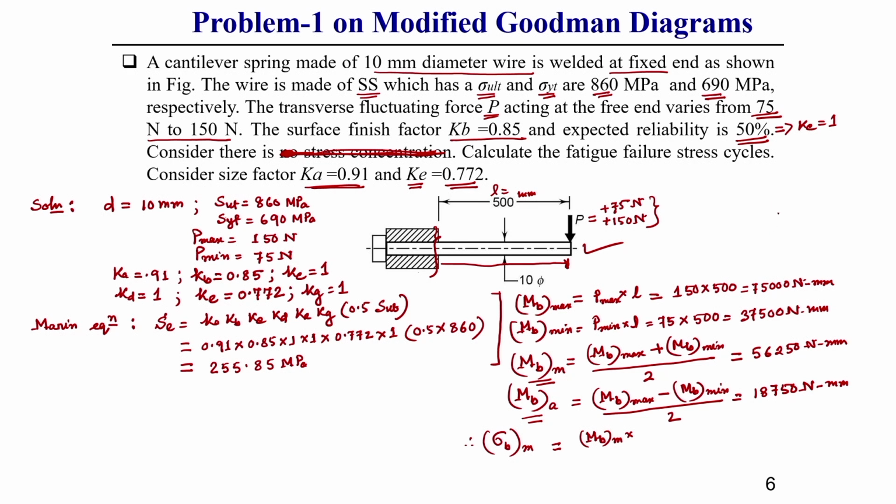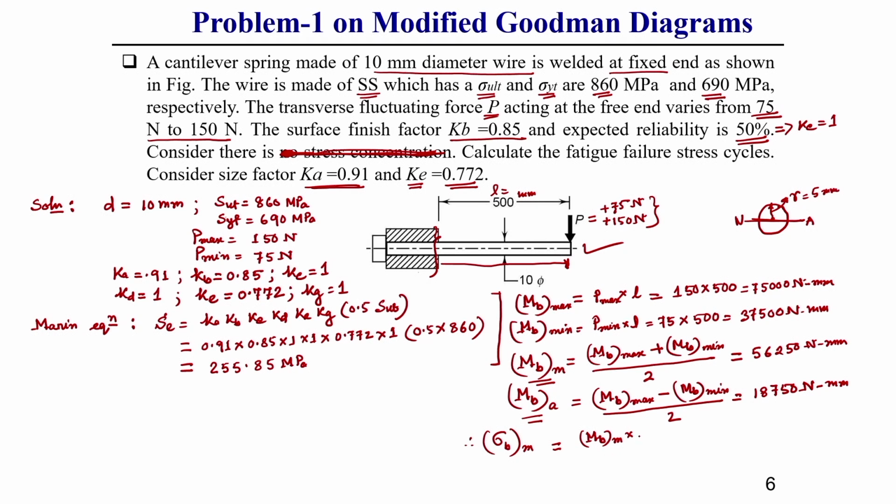As the diameter is 10 millimeter, let us consider this is our neutral axis. So, from neutral axis to outer peripheral distance will be r, that is 5 millimeter. This you should keep in mind.